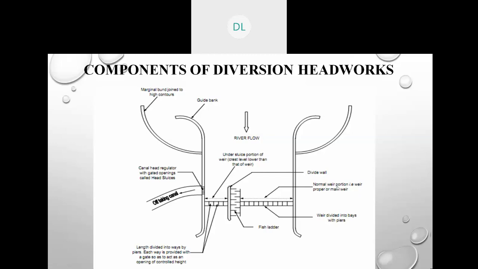With no break provided, this is the normal weir portion, the weir proper or the main weir. This is the divide wall. This is very important here. Look, this is the divide wall, not the wall on the other side. It has good thickness here, because it is subjected to forces, and civil engineers analyze the forces and load coming onto it and design accordingly.